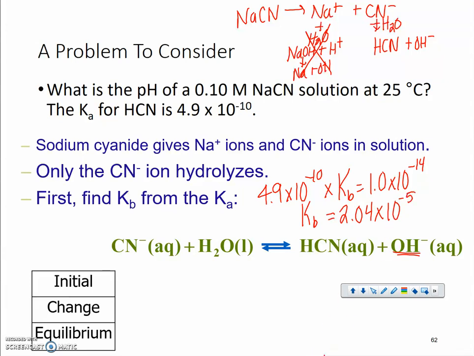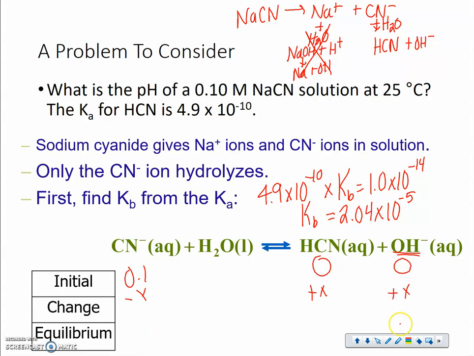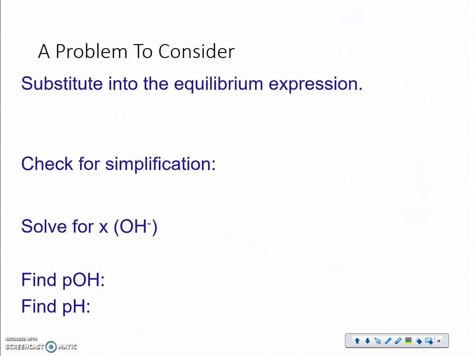So our ICE box is the same as before. Our solution is 0.100. And we continue to solve the exact same way.